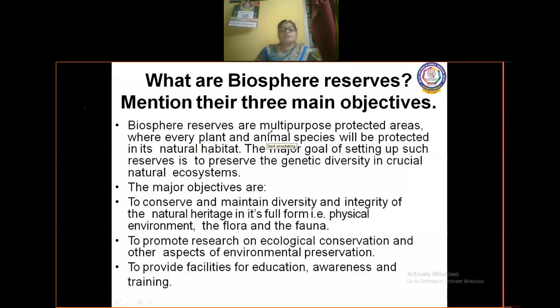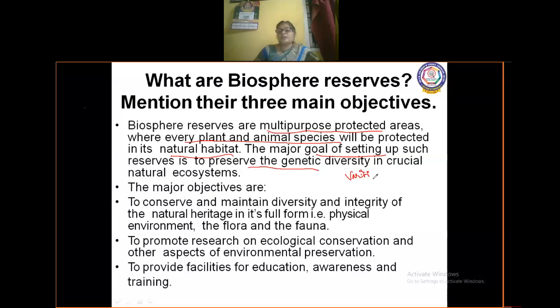Biosphere reserves are multi-purpose protected areas where every plant and animal species will be protected in its own natural way. The major goal of setting up these reserves is to preserve the genetic diversity, that is, the variations in its own features.